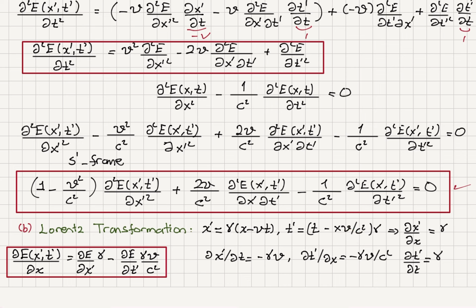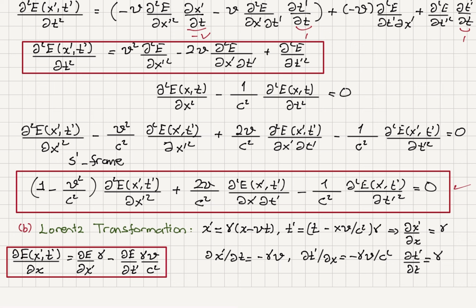So we obtain the derivatives del x prime del x is gamma, del x prime del t is minus gamma v, del t prime del t is gamma, and del t prime del x is minus gamma v over c square.